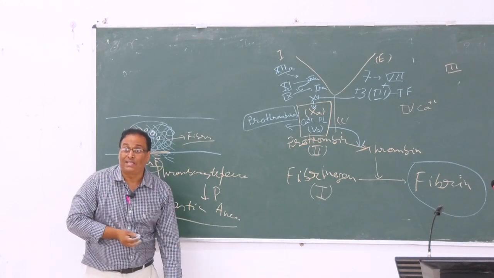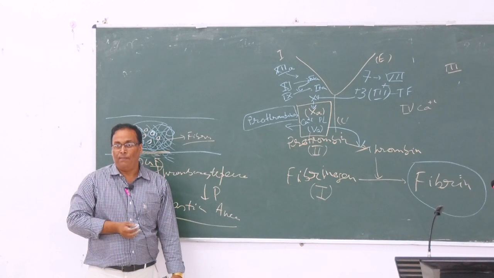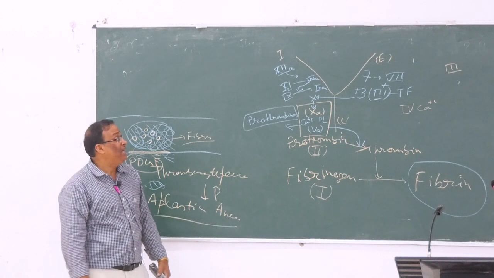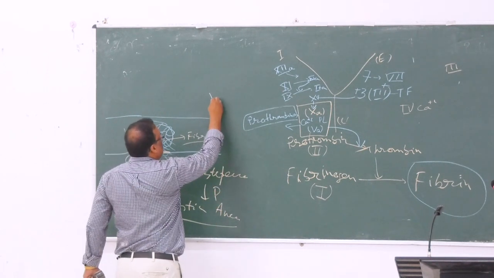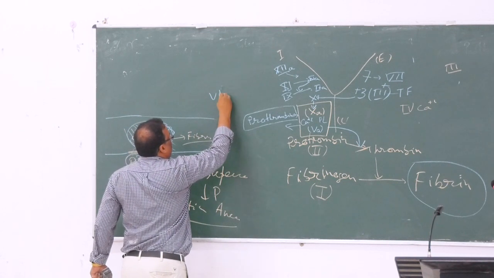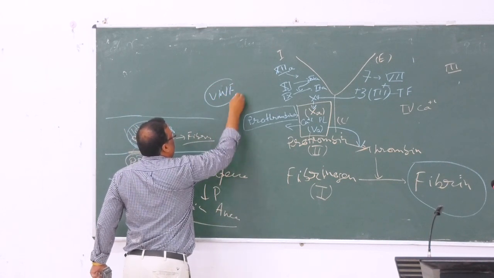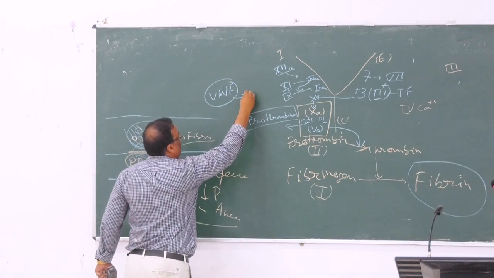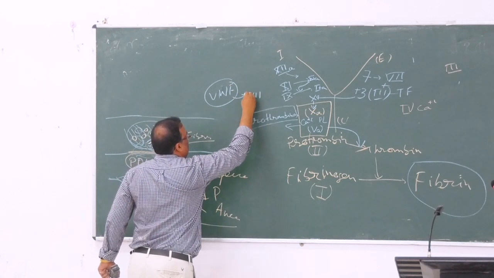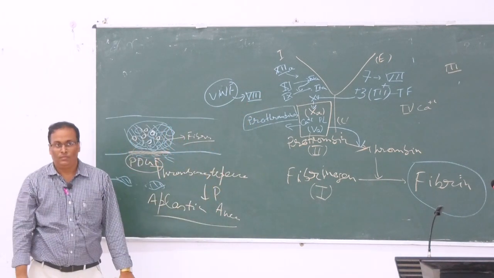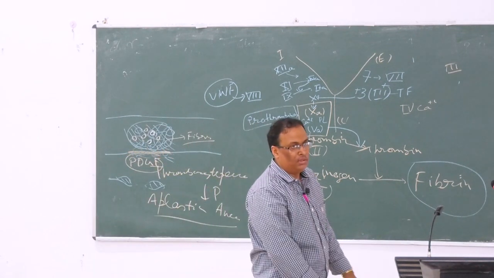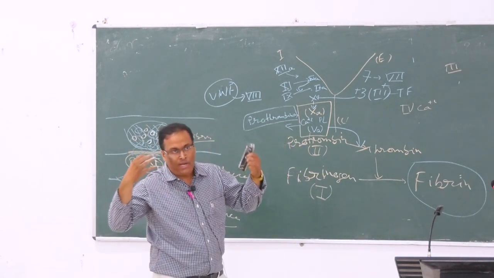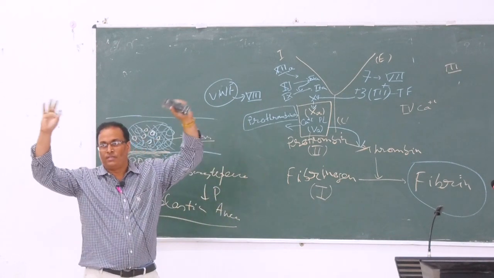Till now, has factor 10 been activated? Not yet. Who will do it? Factor 9 will. Activated factor 9 is connected with... do you remember von Willebrand factor? It carries something, that is factor 8. Von Willebrand factor is released from both platelet and endothelium. I can understand your brain is going in different areas.